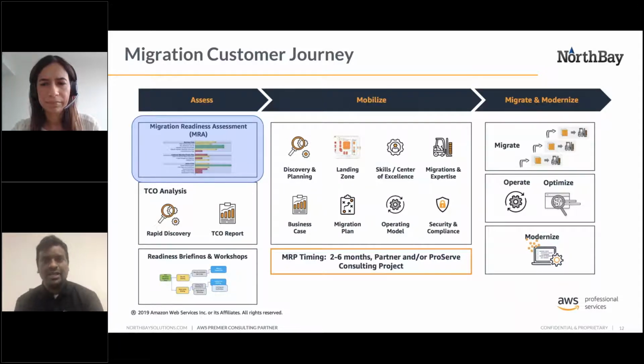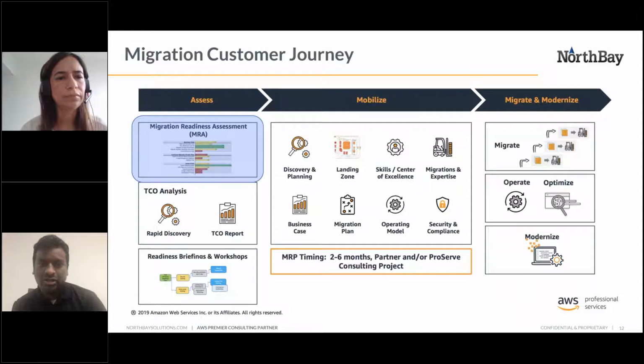So again, things like assessing. Are you planning to move just one workload, or close out your data center, or build a disaster recovery? Whatever your approach may be, start with assessment and build a business case. Especially in this time and age, cost is going to be a key factor. When do you realize your overall TCO?